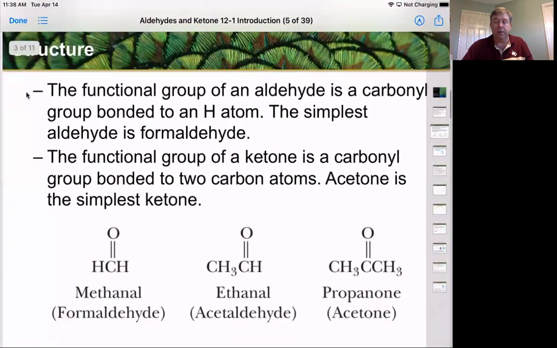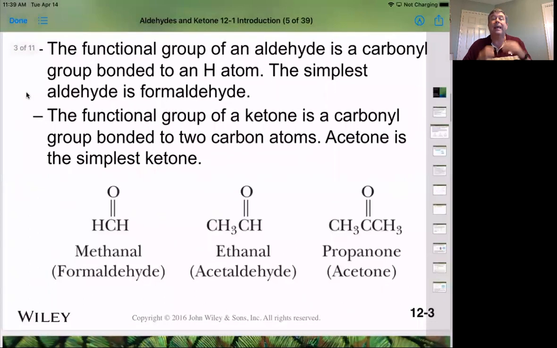The first of the carbonyl compounds I'd like to introduce is called the aldehyde. The aldehyde has a carbon-oxygen double bond, and to that carbon we have a hydrogen bonded. If we have two hydrogens bonded, that's the simplest aldehyde, and it's called formaldehyde, which we see here at the bottom of the page.